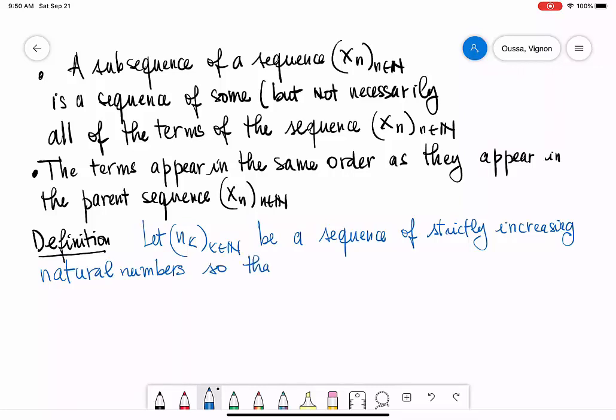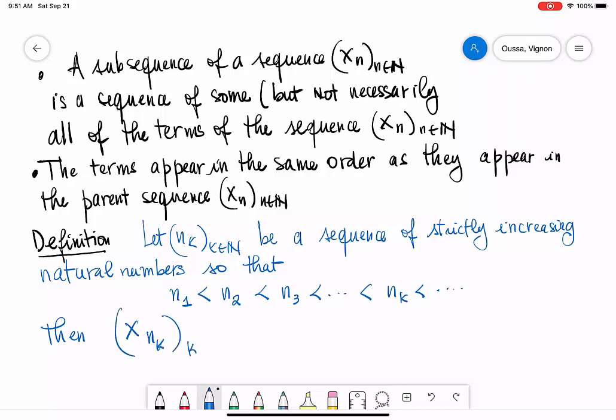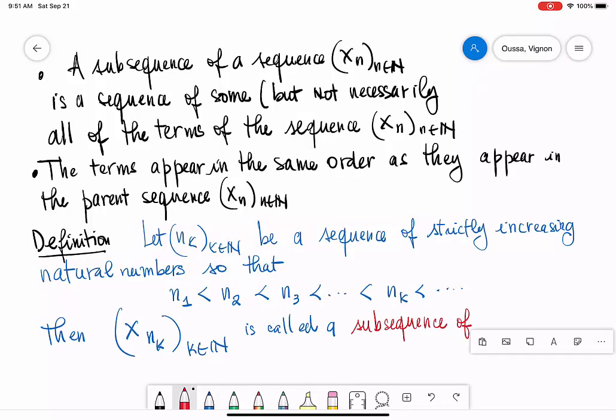By that we mean that n1 is less than n2, which is less than n3, and so on, less than n_k, and so on. Then the sequence x sub n_k is called a subsequence of the parent sequence x_n.